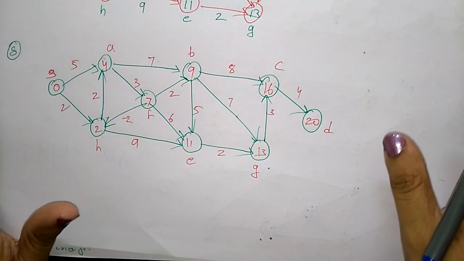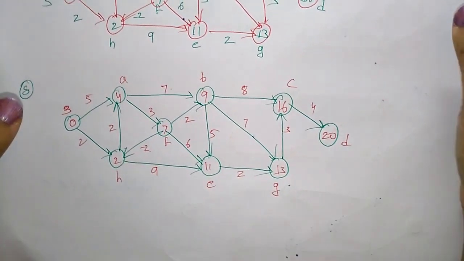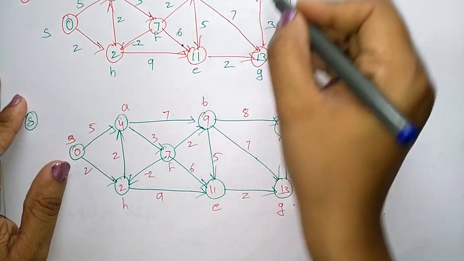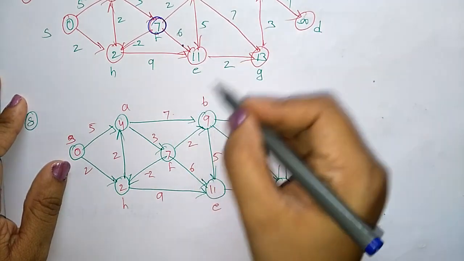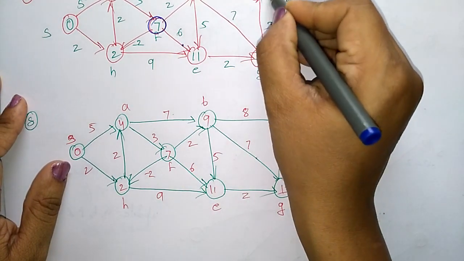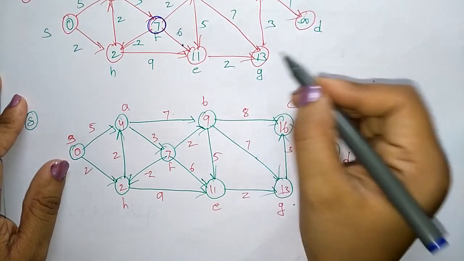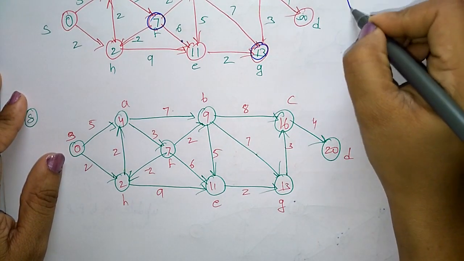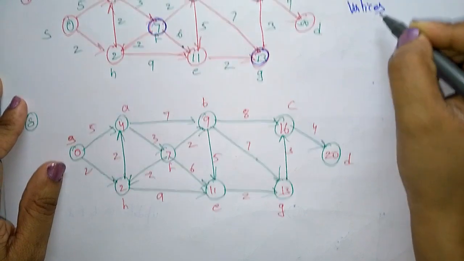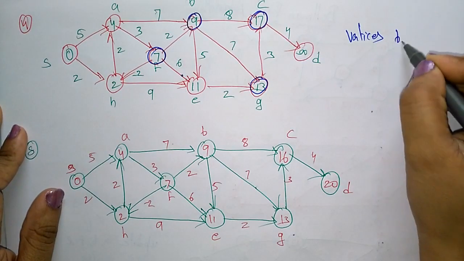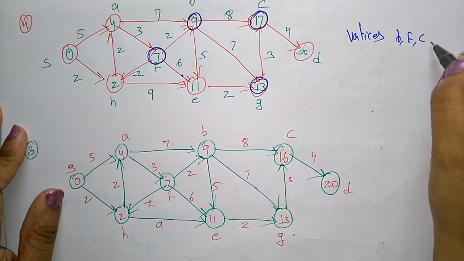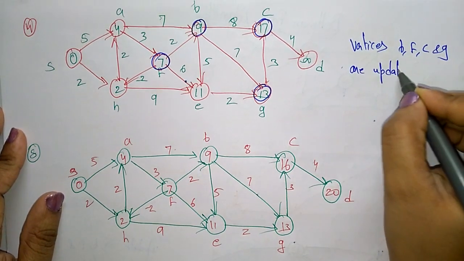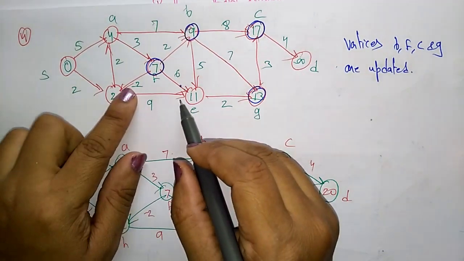In the next step, following the same logic, vertices B, F, C and G have to be updated. With what values? So now check.